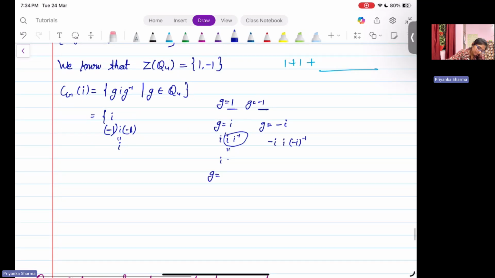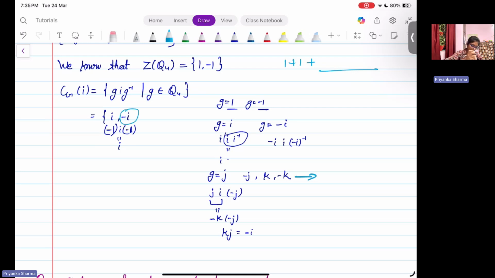What if we take G as J? Then J inverse means minus J. So J I gives us minus K, and minus J means this will be K J, and that will be minus I. So we will have another element, minus I. Similarly, we can check for G equals minus J, K and minus K. We will get the same element, minus I, for these 4 elements.